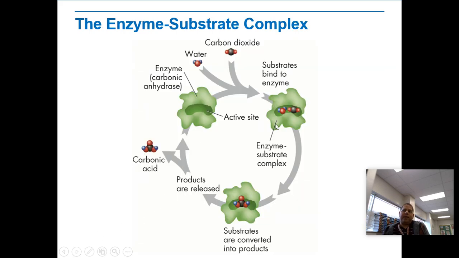The enzyme is the green structure, and it's going to take the water and carbon dioxide and immediately put them together and convert them into the product, carbonic acid. Eventually, that carbonic acid will travel to your lungs, where the same enzyme, carbonic anhydrase, will work quickly to break it back apart so that the carbon dioxide can be released back into the environment, but the water will stay in your blood.